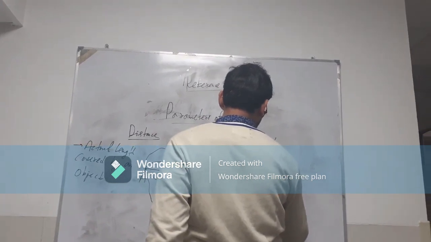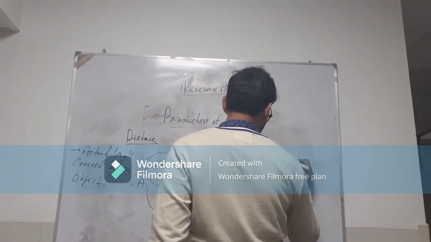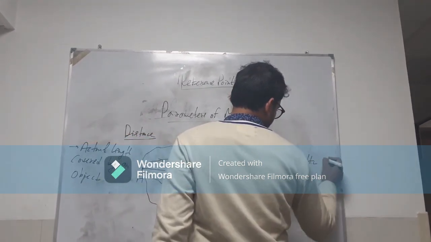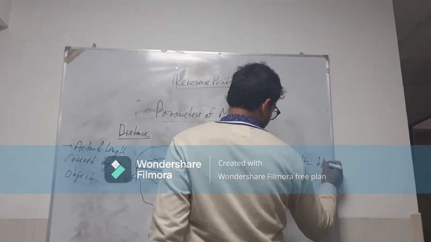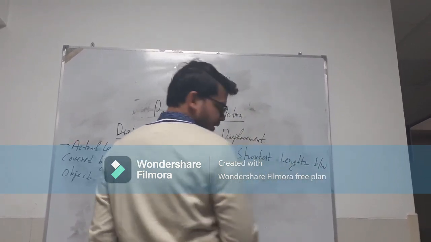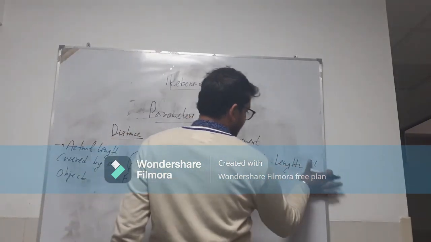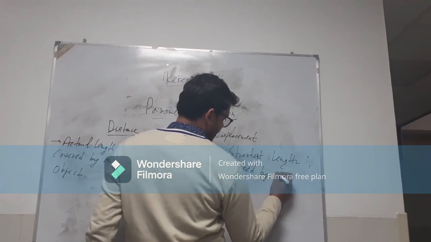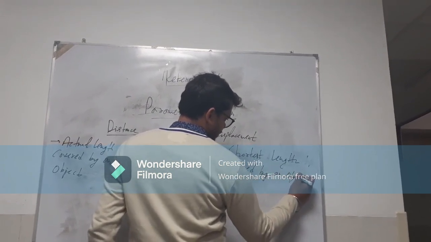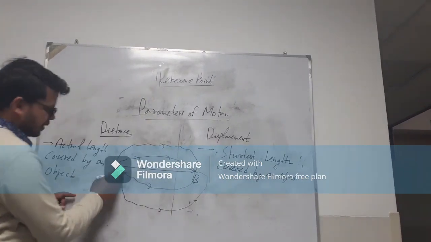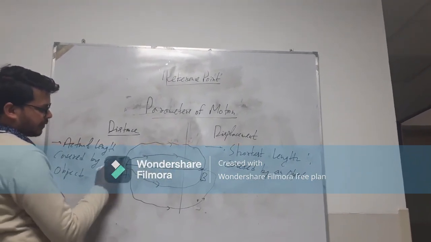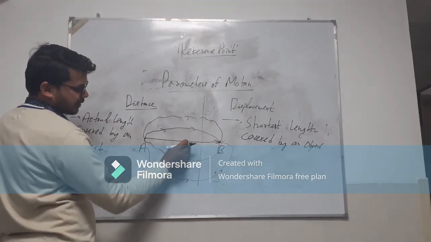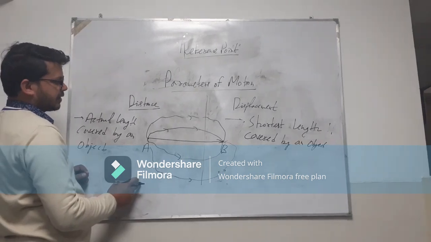And displacement is the shortest length covered by an object. See, in this case, these are so many different ways to reach B, and this is the shortest length. The central straight line is the shortest, that is the displacement, and the remaining are distance.